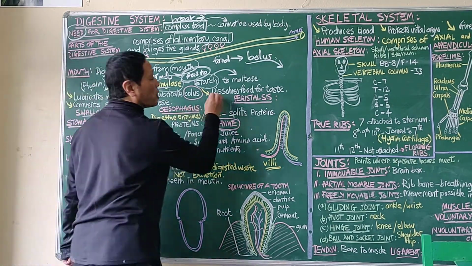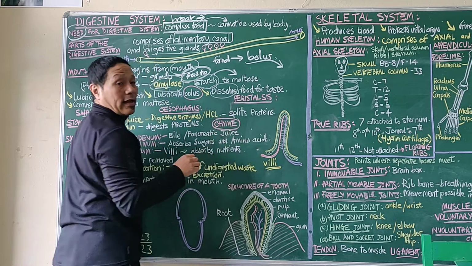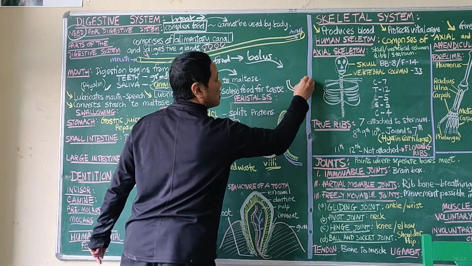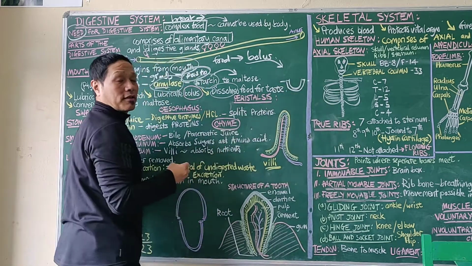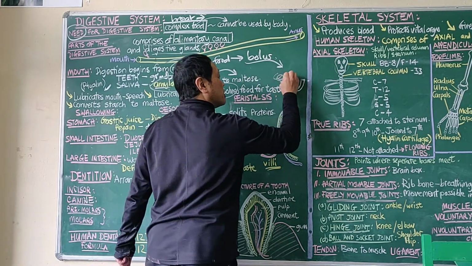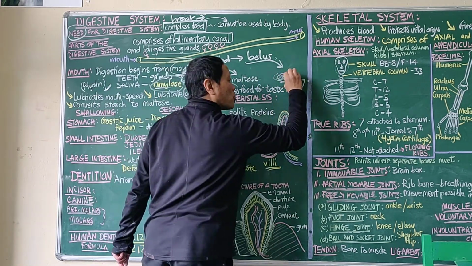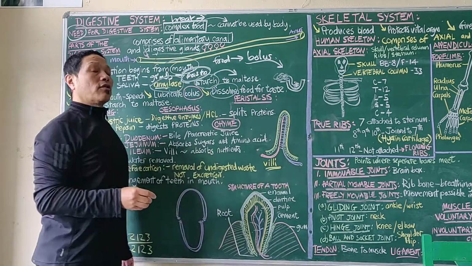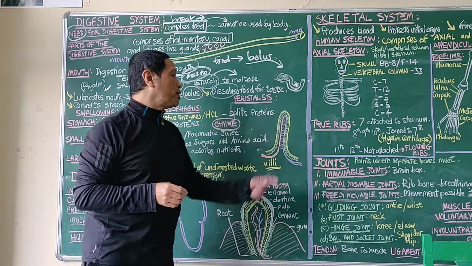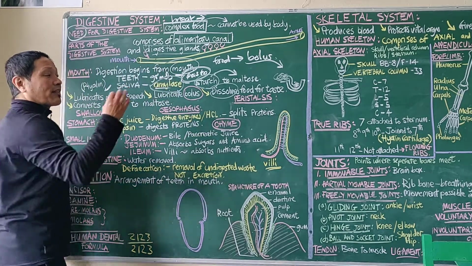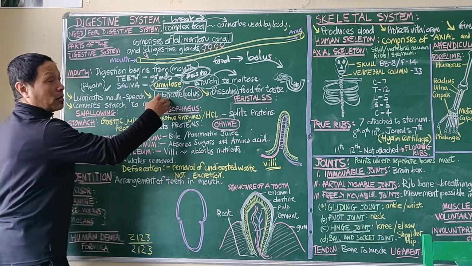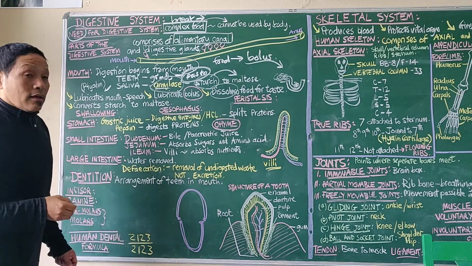Saliva also dissolves the food and takes it into the cup-like taste buds. Saliva dissolves food and drops into these cup-like structures in order to tell you the taste of food. So you can say saliva helps us taste food, and it also converts starch into maltose, as we said earlier.